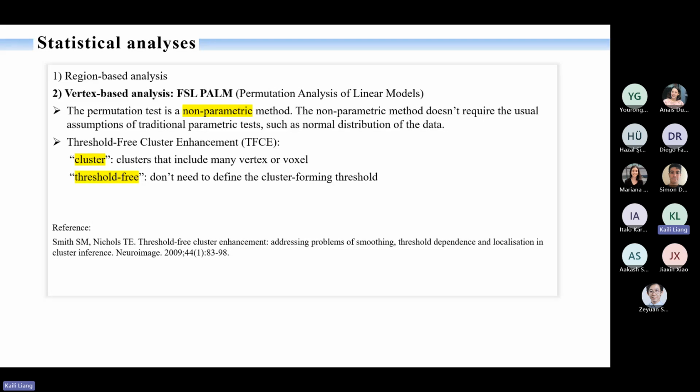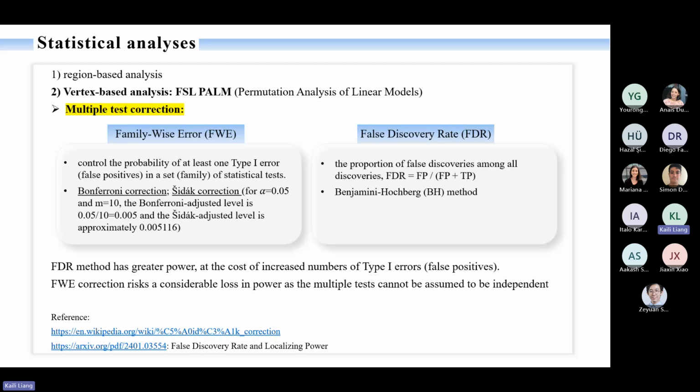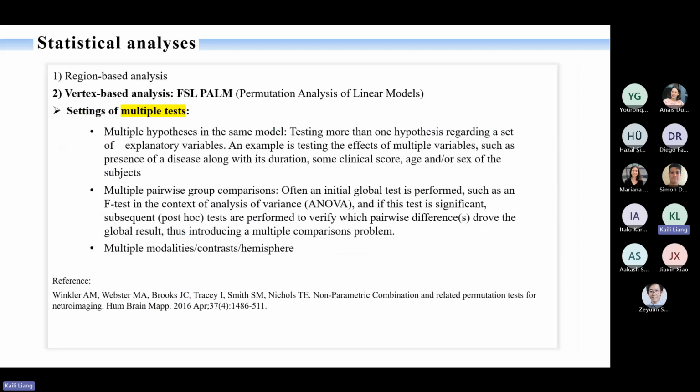Carry on. Okay, another concept is multiple test correction, which Emma just mentioned before. It's very common in medical research that we need to use multiple comparison correction. Many of you may ask why we need it.